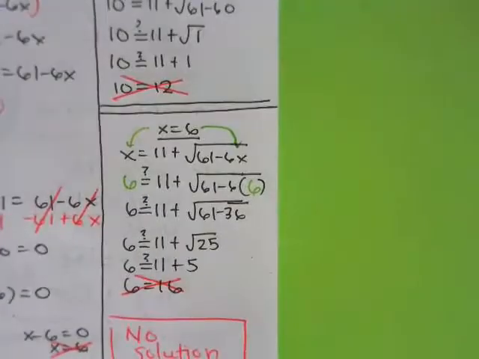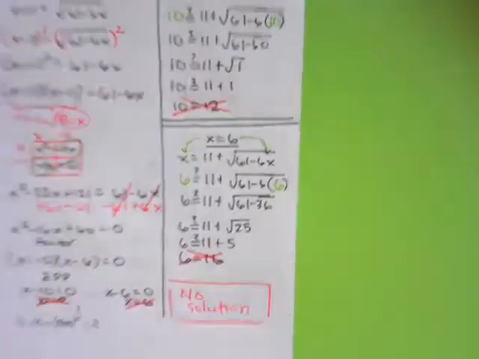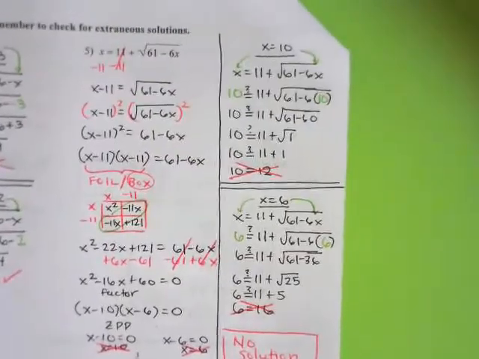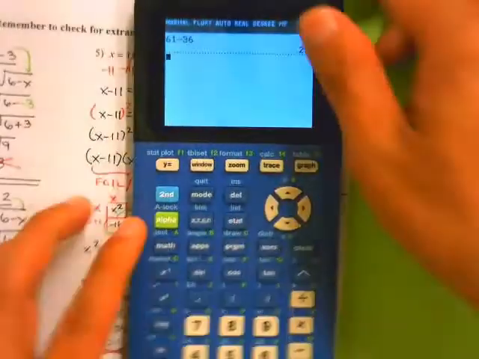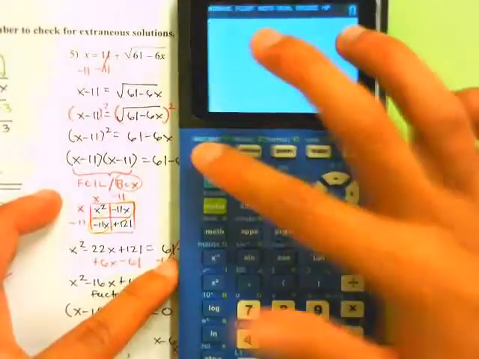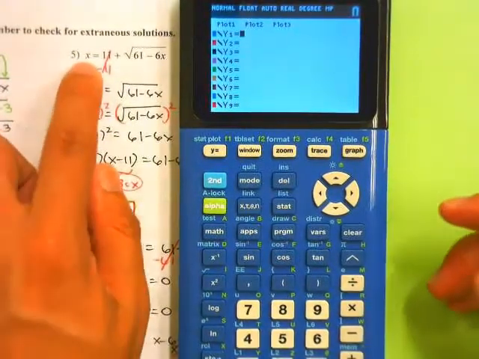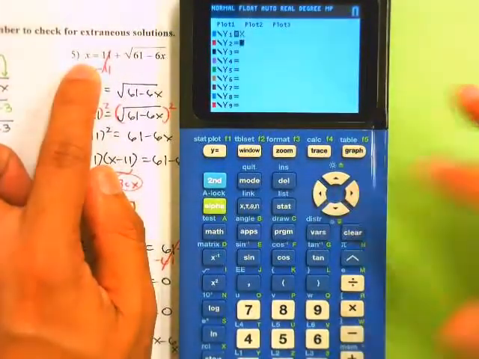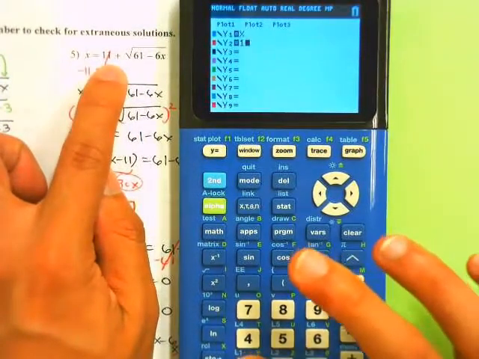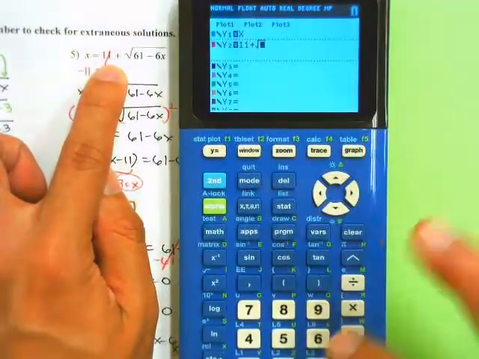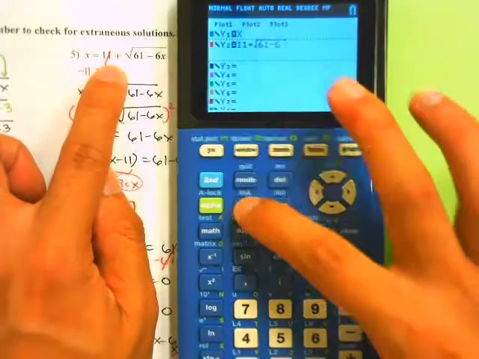And let's go actually check it. No solution means that they don't intersect. What does that mean? Well, I'm going to clear this off. Okay, your first function on the left side is x, so we're just going to leave it like that. And then let's type this in, 11 plus square root of 61 minus 6x.